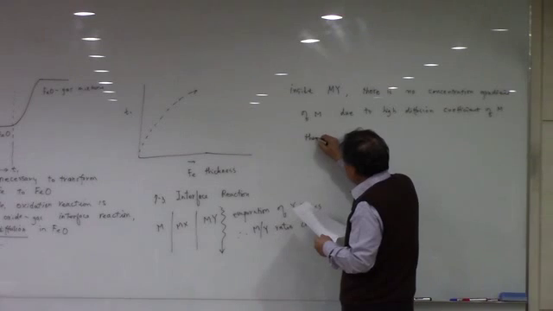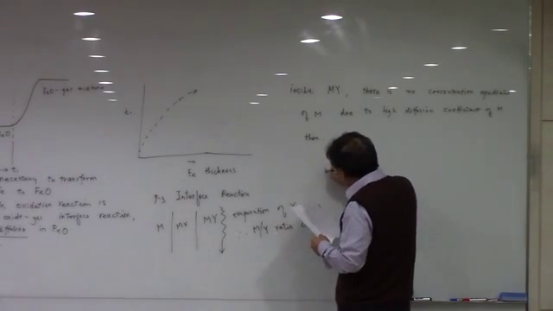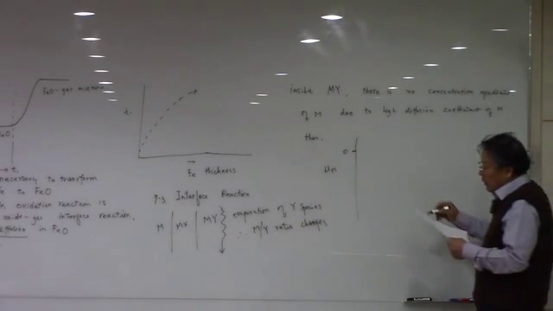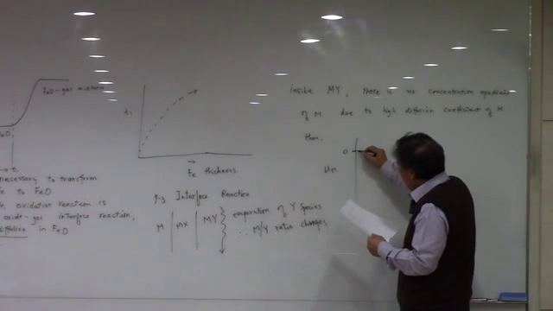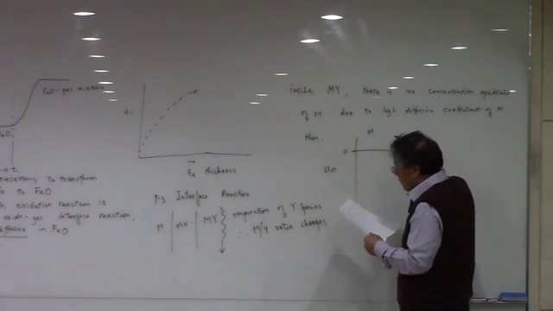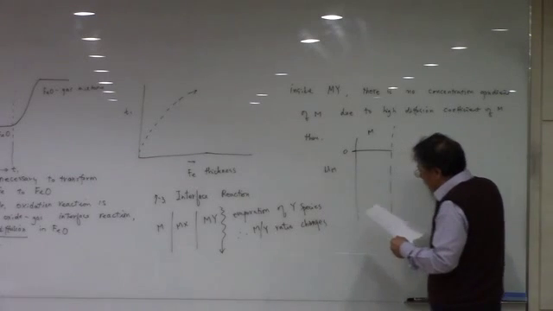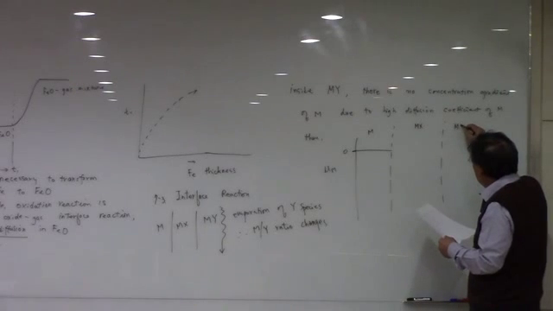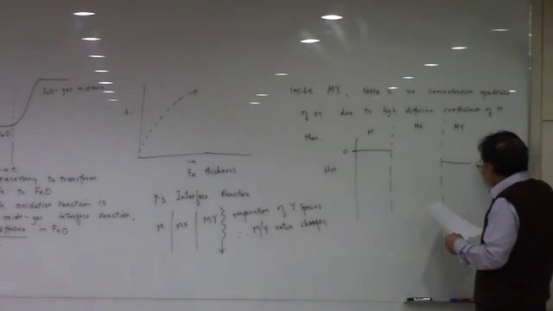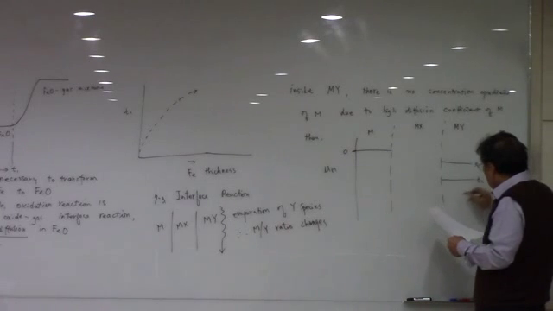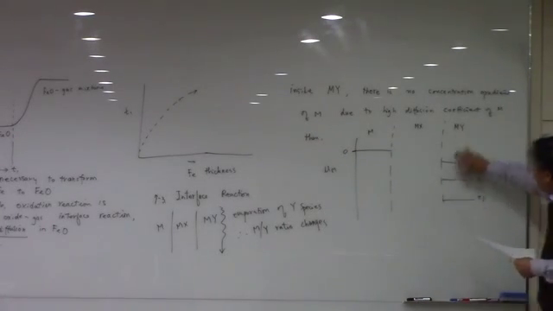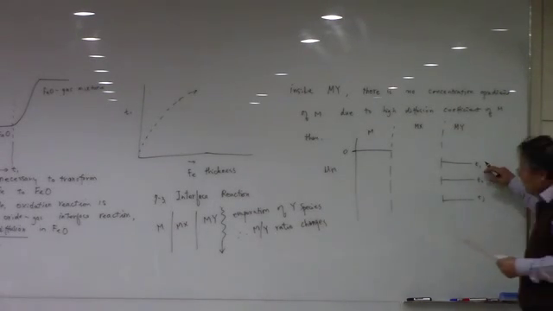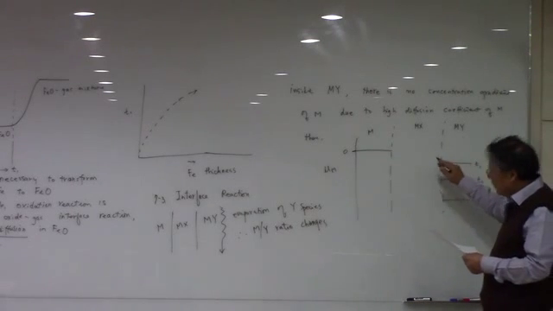Then we can see that the chemical potential of M, and the M, of course, is a pure material, and in the Mx and My here, inside the My at T1 and T2 and T3, equilibrium is always obtained because of the high diffusion coefficient of M inside this.